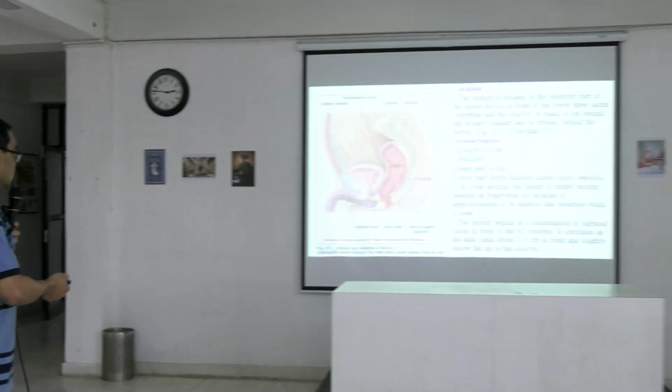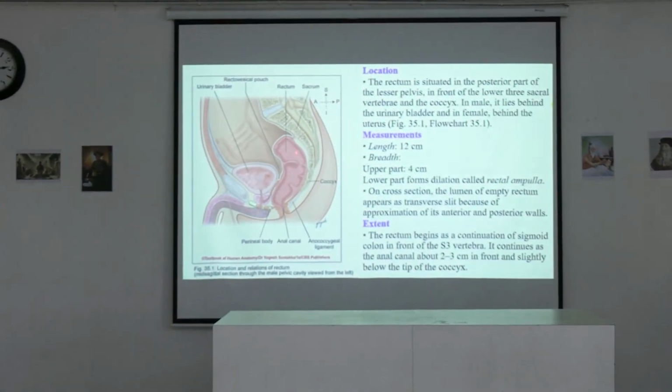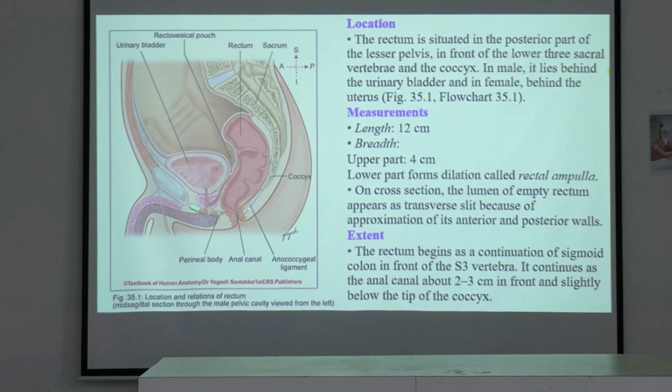which is called the perineal flexure and is continued as anal canal. So rectum is 12 centimeters in length, whereas anal canal is 3.8 centimeters. That means 38 millimeters. So you can expect this is the rectum.